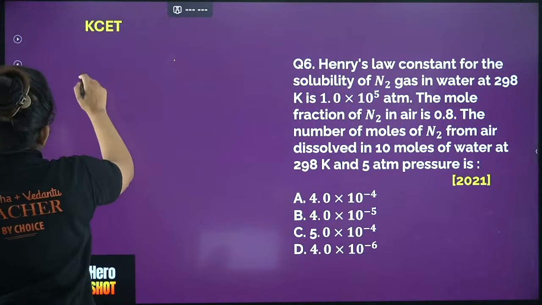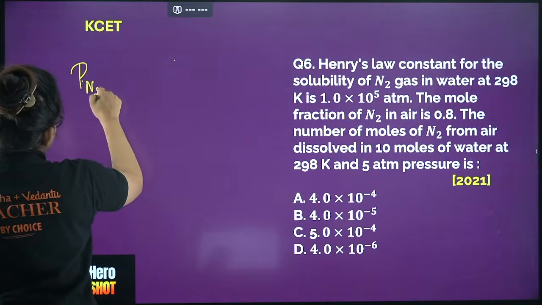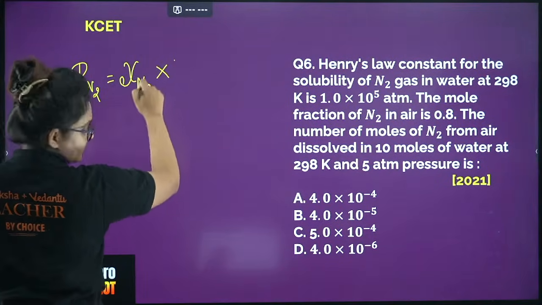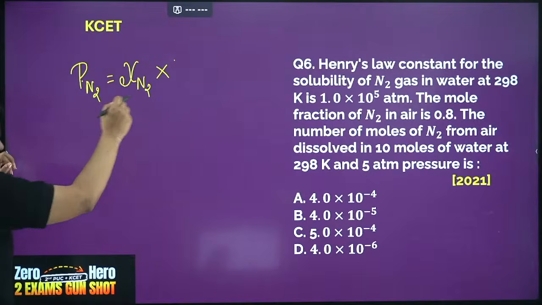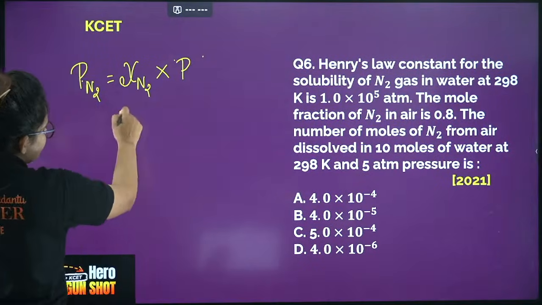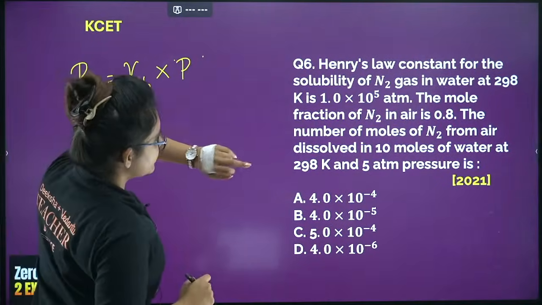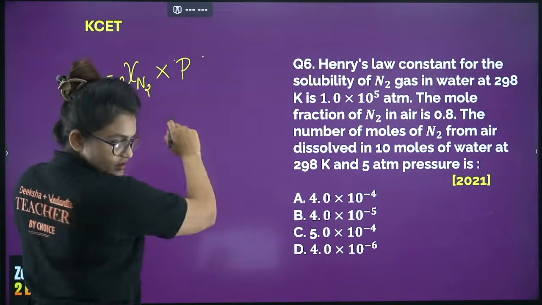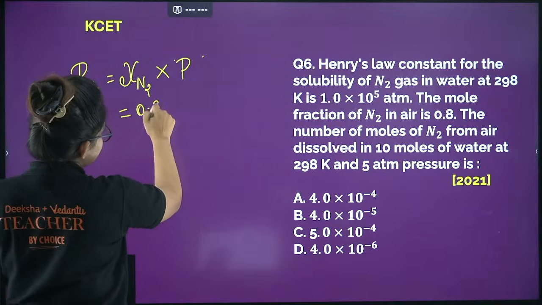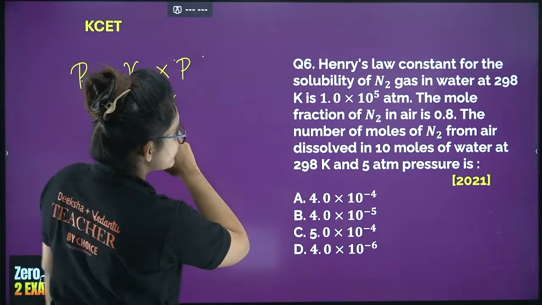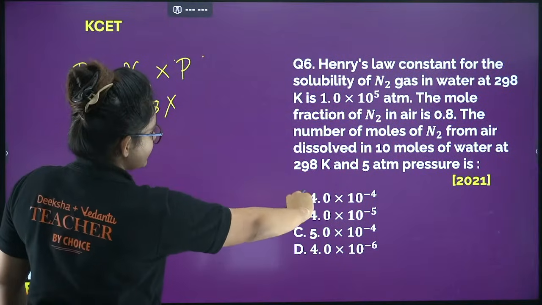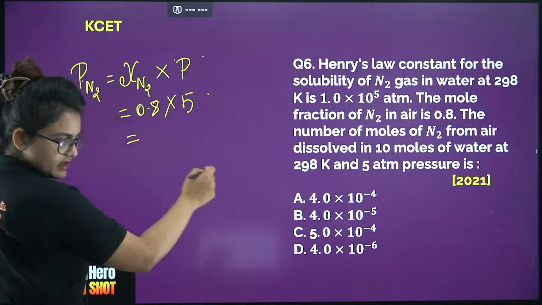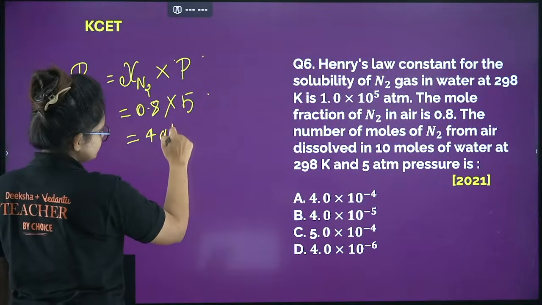So for this particular case, the pressure of N2 is the mole fraction of N2 into P. The mole fraction of N2 is given as 0.8 into 5 atmosphere pressure. Okay, so from here I can get the value 4 atmosphere.